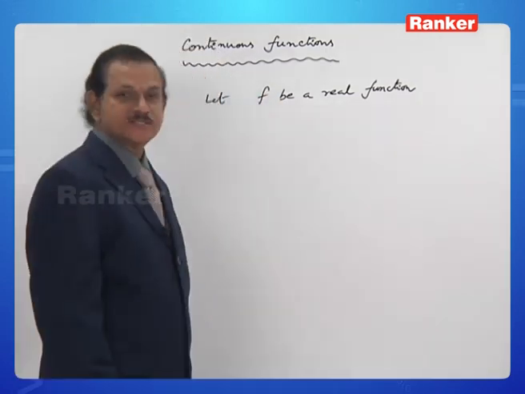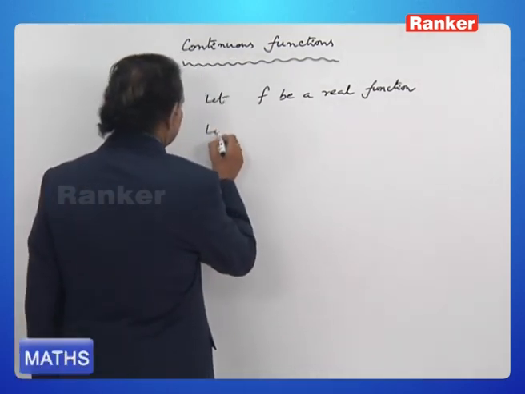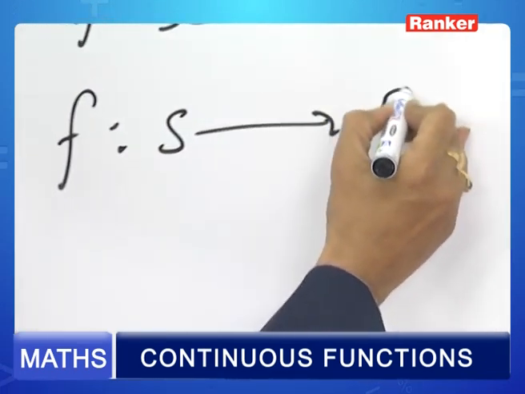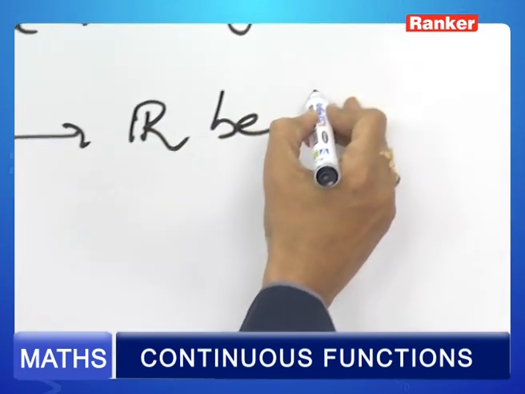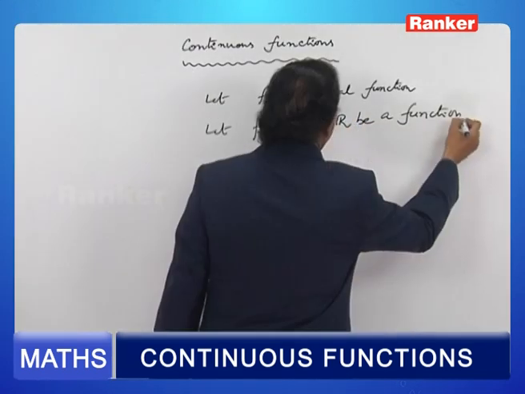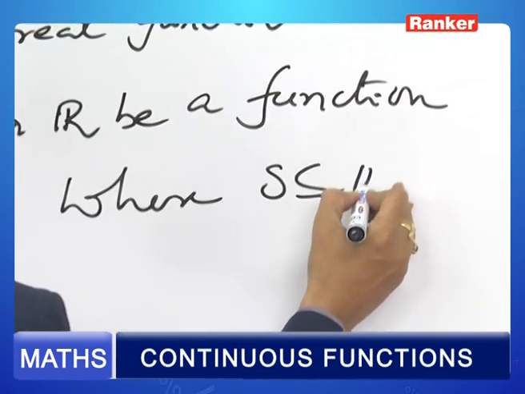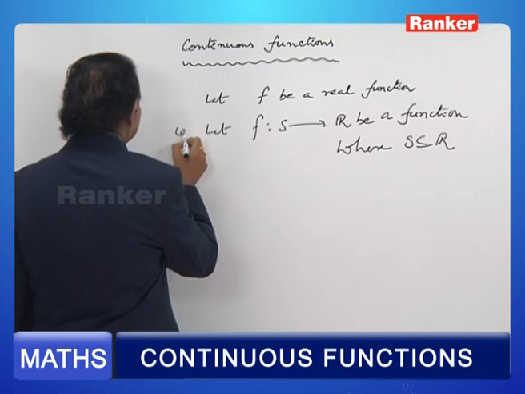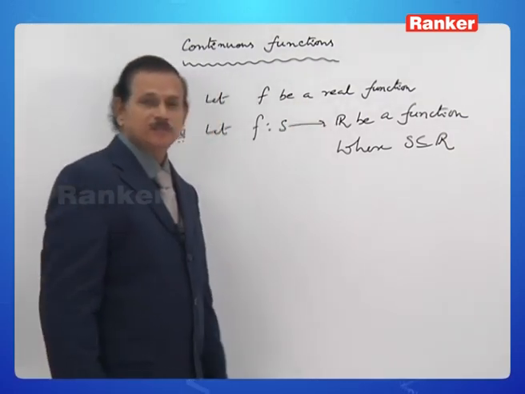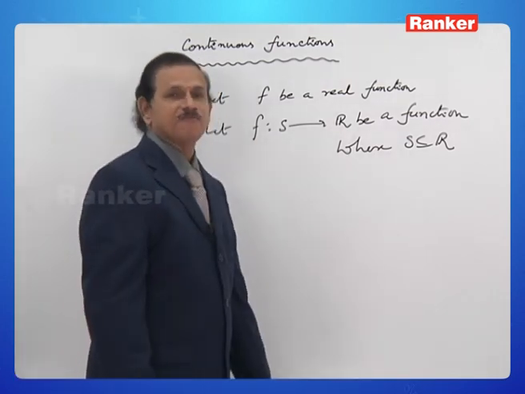Such a real function is there. Let f from S to R be a function. This is the explanation of the word real function. As subset of real numbers or entire real numbers, it's a function.